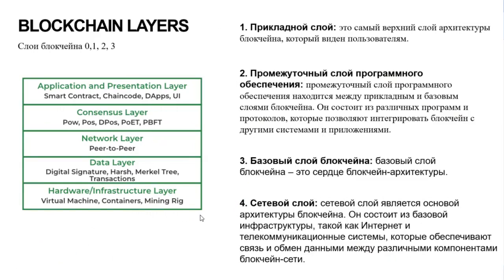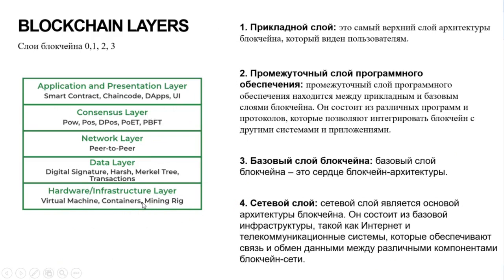Now, with the blockchain, there are layers, the same way we have layers in any technology architecture. The first, fundamental layer is the network and infrastructure layer. Then we have the data layer. We have the hardware infrastructure layer, where we have the virtual machine and the containers.